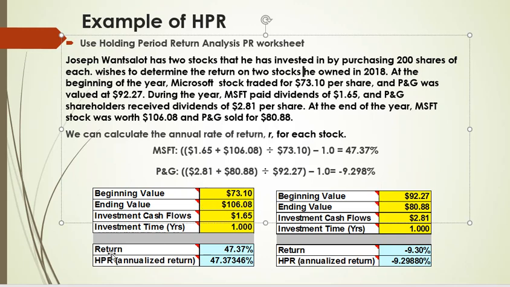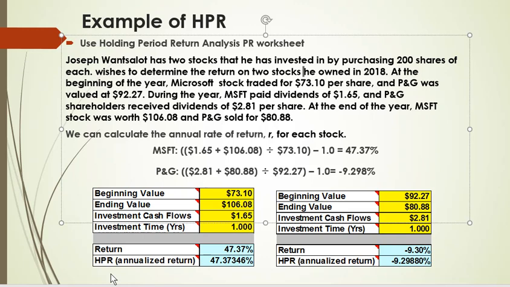If you plug it into our worksheet, this is the holding period return worksheet, HPR. Plug in the numbers: beginning, ending, cash flows, and time. So you can see here that the return, based on the formula here, is 47.37.